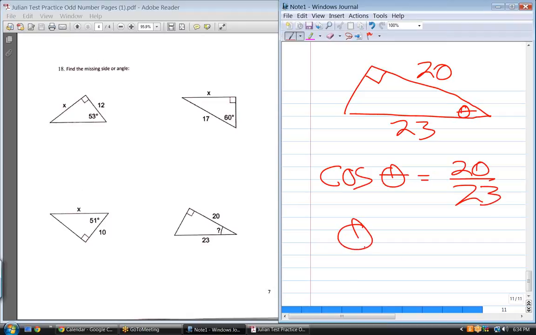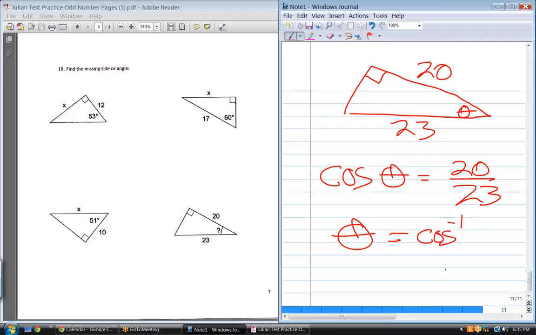So what's theta equal? So it's the expression. I don't care what the number is. What's the expression? So theta equals the cosine inverse. Remember, when we're solving for angles, it's always going to be an inverse trig function. Alright.